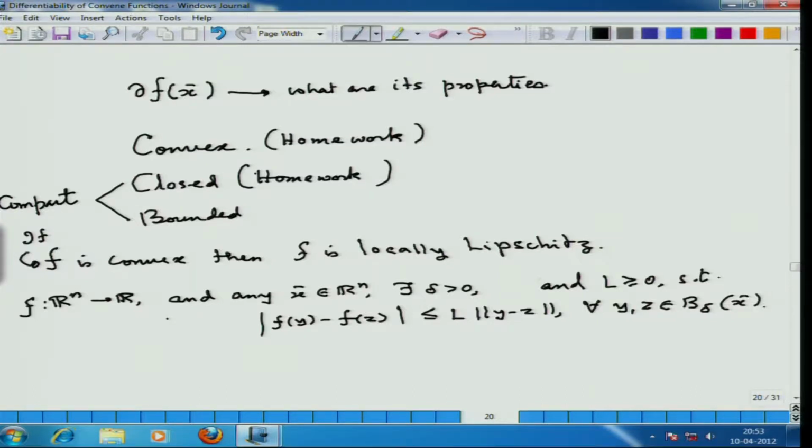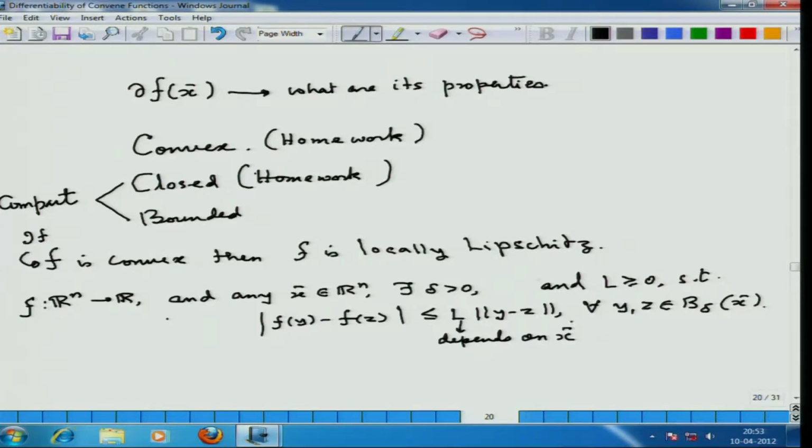So, this L is highly dependent on your choice of x̄. If you choose a different x̄, then this L will change.